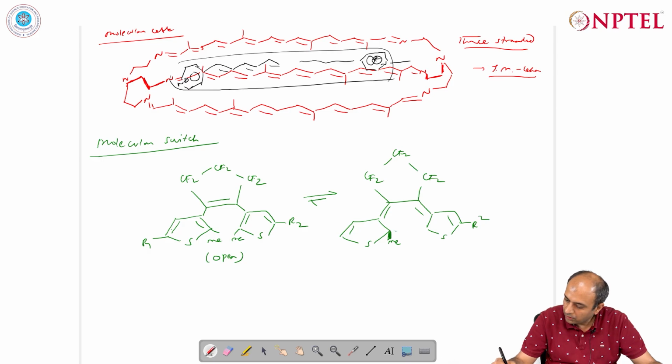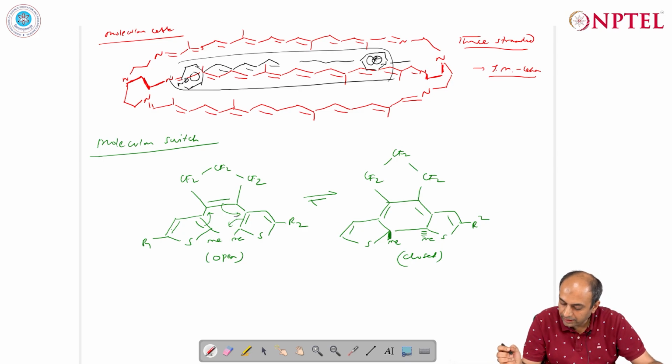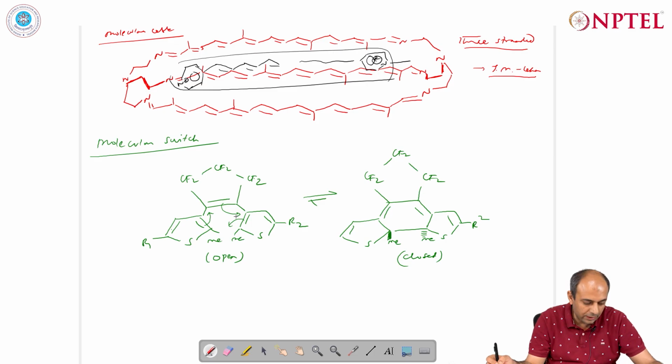R2, and this is the closed state. So, now in the closed state you can see that we have this rearrangement of the electron density, and this gives rise to the closed state.